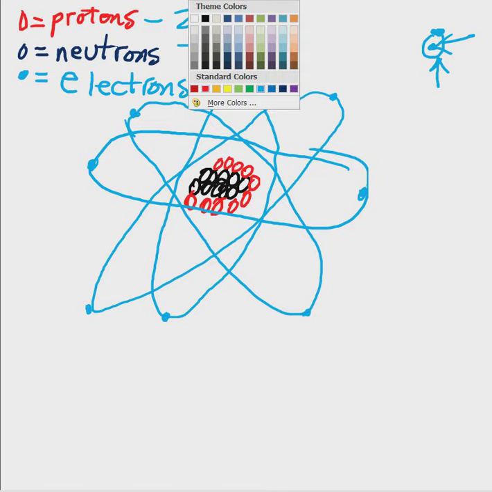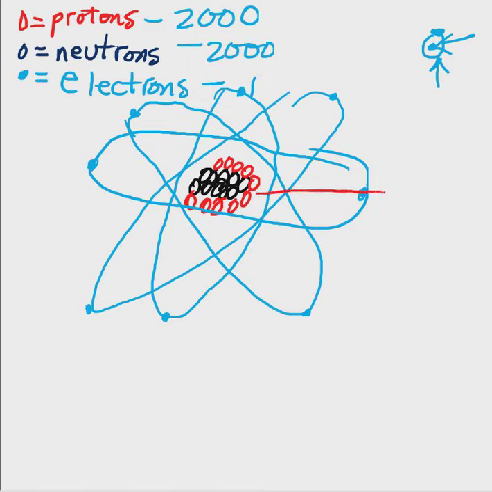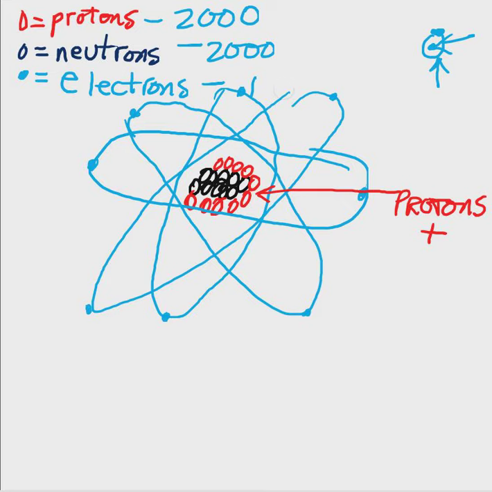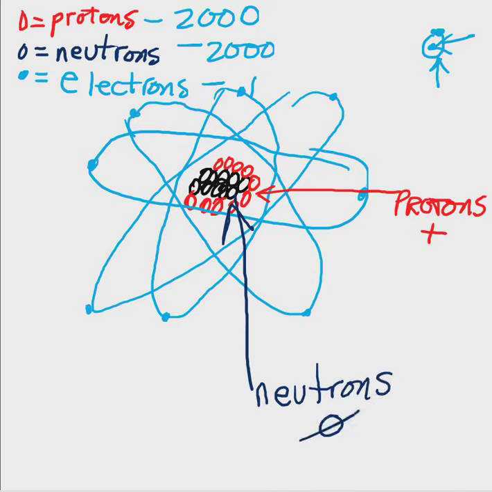There's my red, protons. And the charge on protons is positive. Let me get my book. Okay, the black ones, those are neutrons, and the neutrons are neutral.